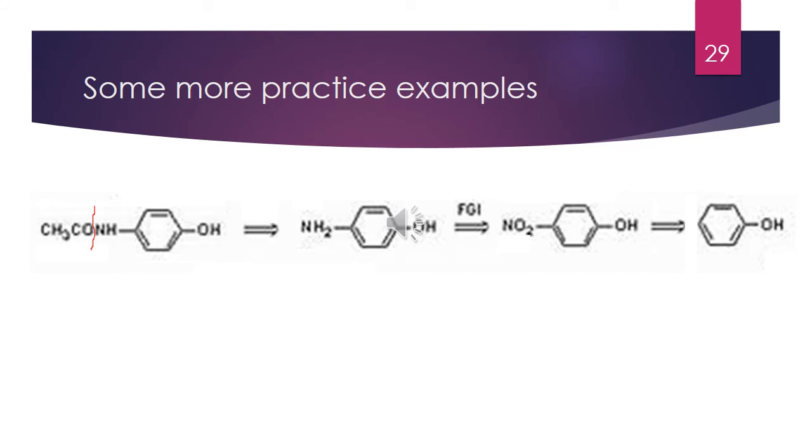So the first two options, in which we disconnect the bond between the carbon and oxygen, are not feasible. Why is that not feasible? Because if we disconnect that bond, then the carbon will have a positive charge.